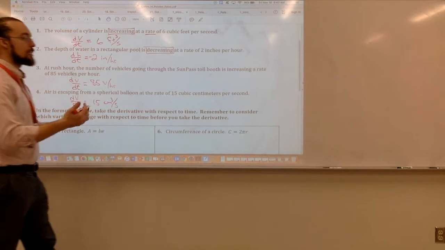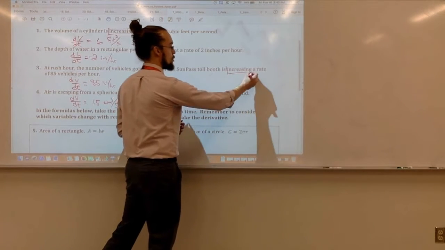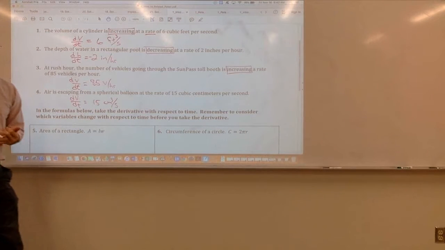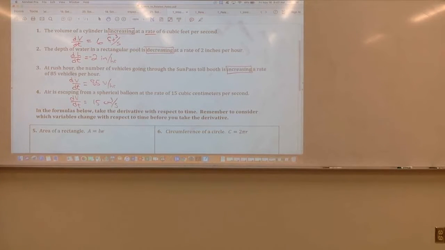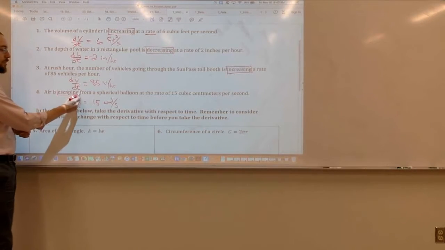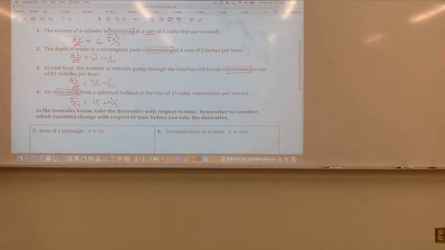So that's another important thing that we have to check in all of these problems. Number 3 was increasing. Therefore, our rate of change should be positive. And number 4, increasing or decreasing doesn't show up, but escaping does. That means decreasing. That means going down. So here our rate should be negative 15 cubic centimeters per second.